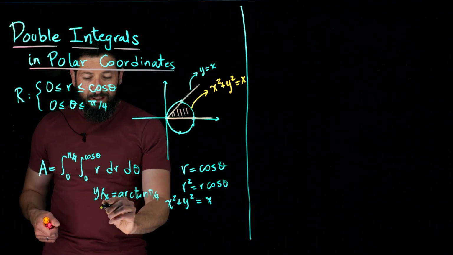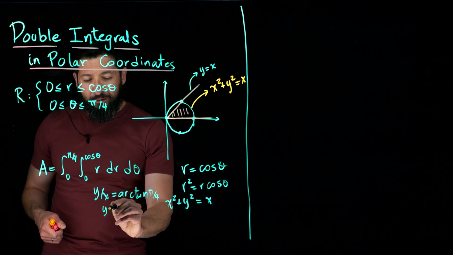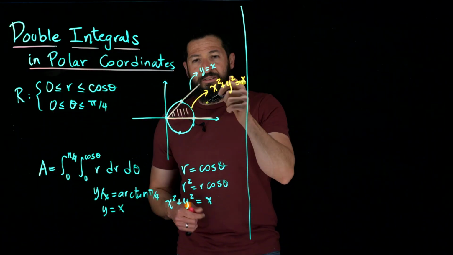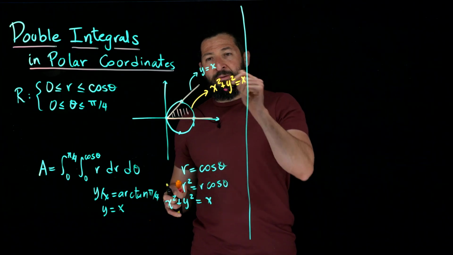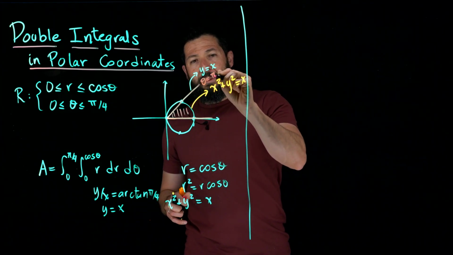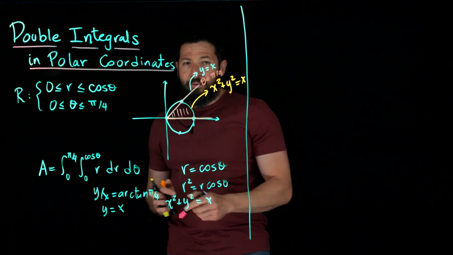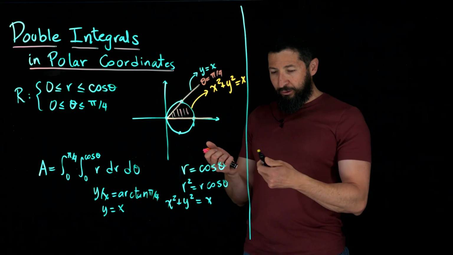Tangent of pi over 4 is 1 and gives you y over x equals 1, or y equals x. So that gives you that line there, because you have that sector theta equals pi over 4. Whenever you do tangent of pi over 4, you get 1, and that gives you the equation of the line, y equals x.